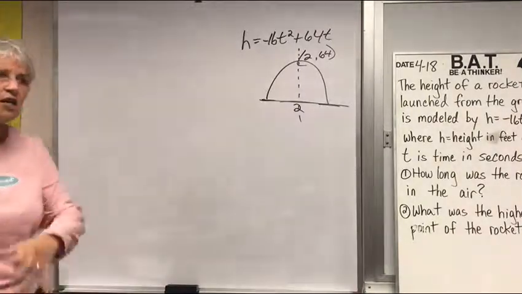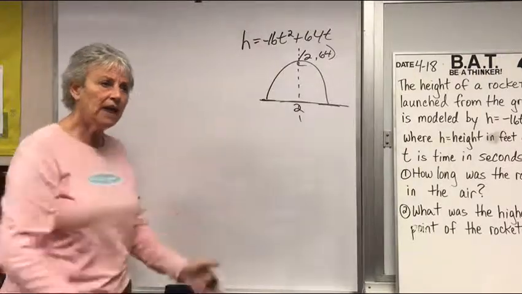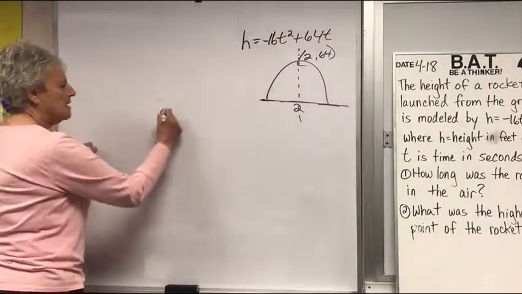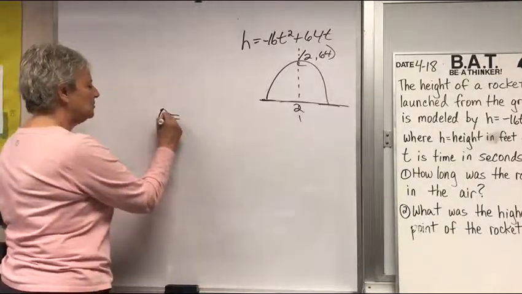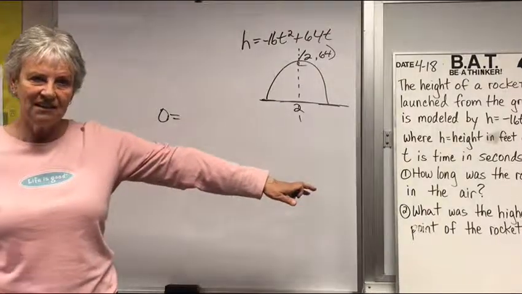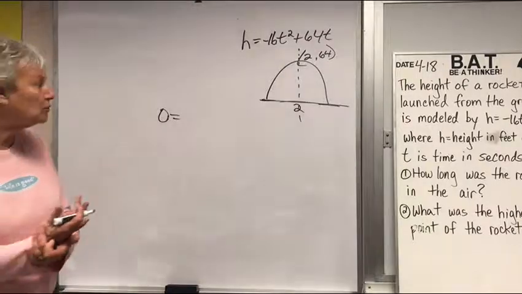Solve it means you set it up, whatever you have, equal to 0, and you find by factoring. So let's solve it. Now this does not require you to solve it to answer these questions, but let's just solve it so you can understand what happens every single time.